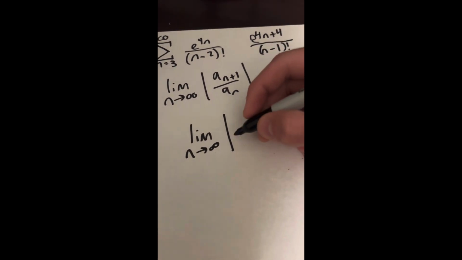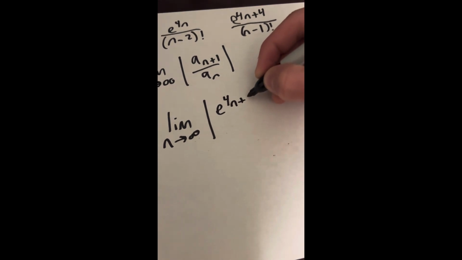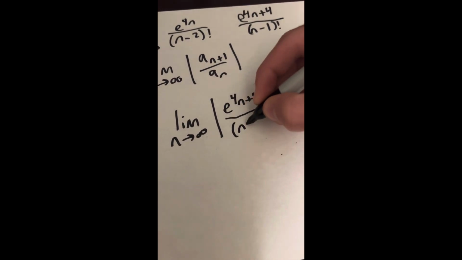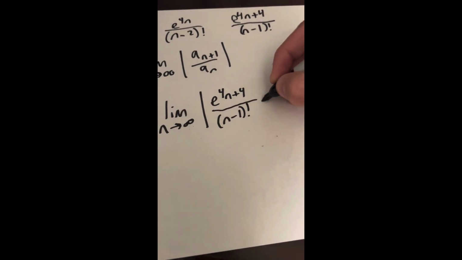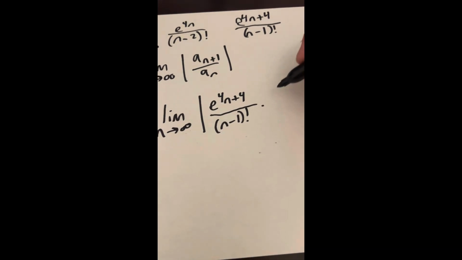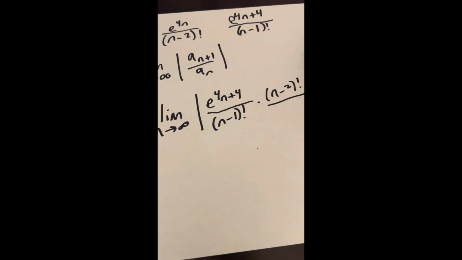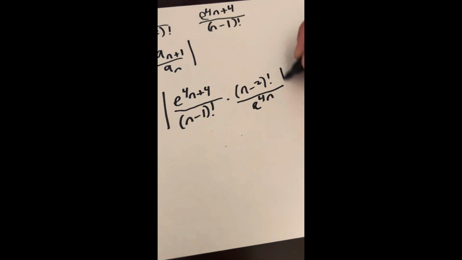This is a sub n plus 1, so we have e to the 4n plus 4 over n minus 1 factorial, times the flip of a sub n, which is really dividing by a sub n, n minus 2 factorial over e to the 4n, right?